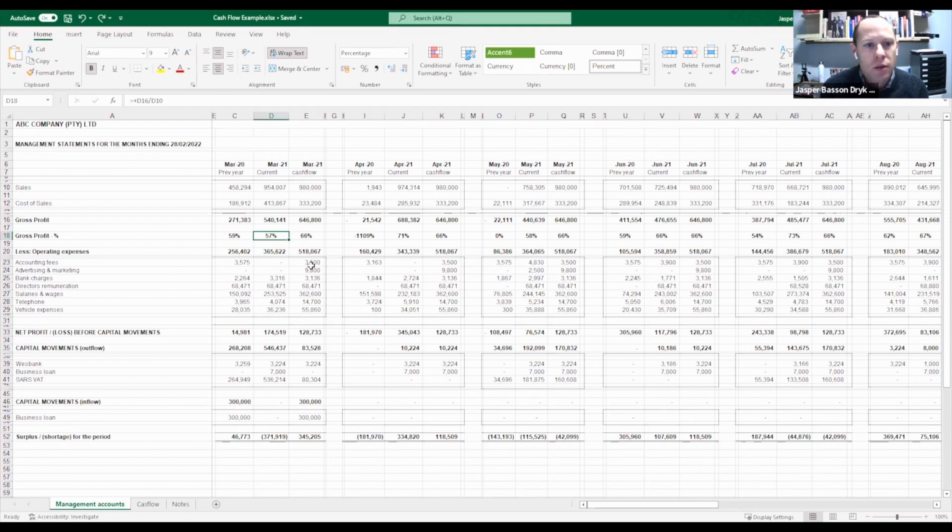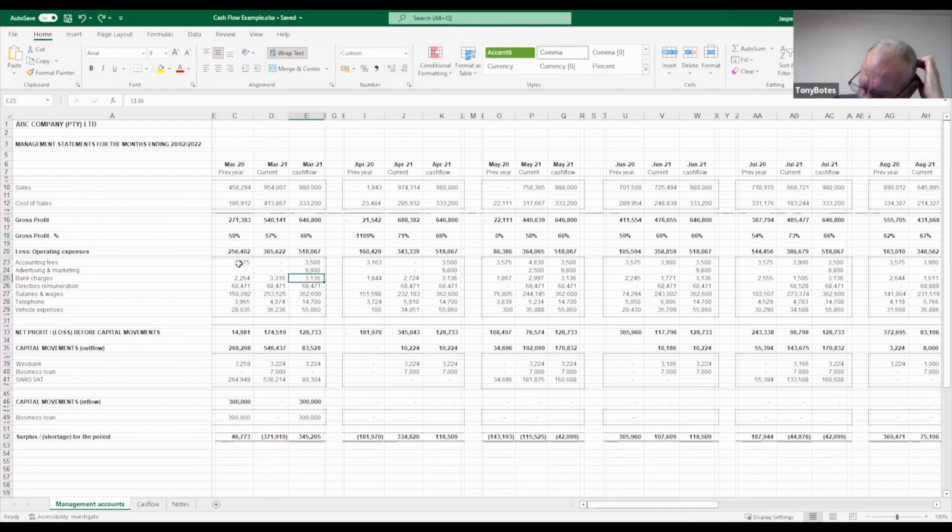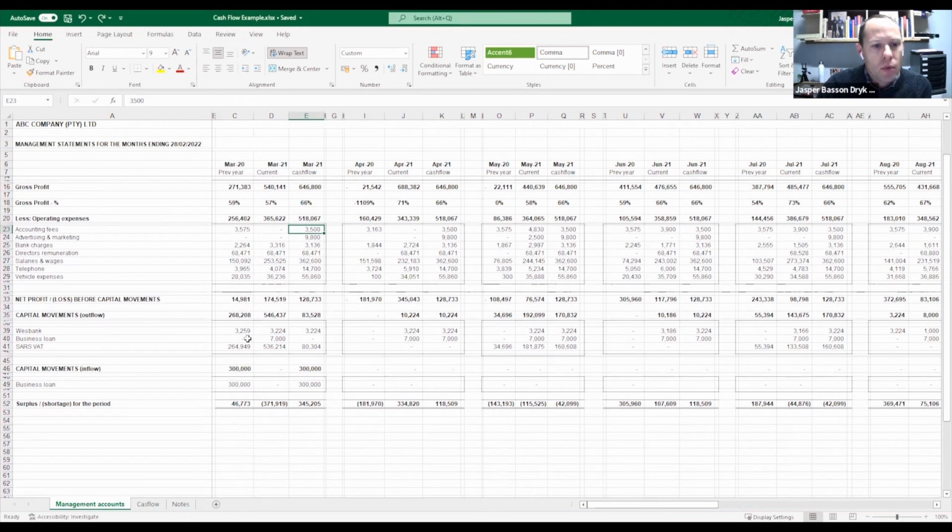So just a very good exercise to look at these lines as, why is my gross profit either bigger or smaller, and I need to investigate that if needed. And obviously the rest is also the same. So you have your previous year, current year, and your cash flow expenses, and I can do all these comparisons throughout the period.